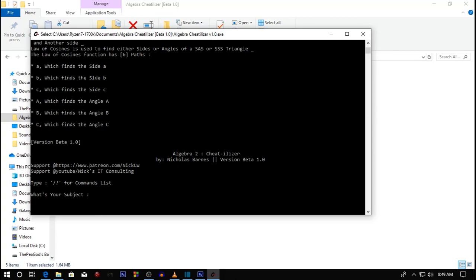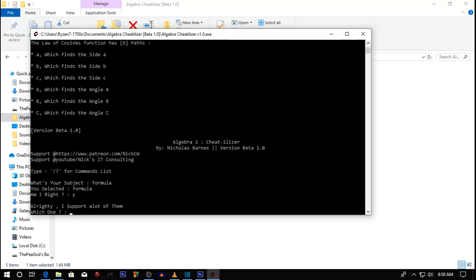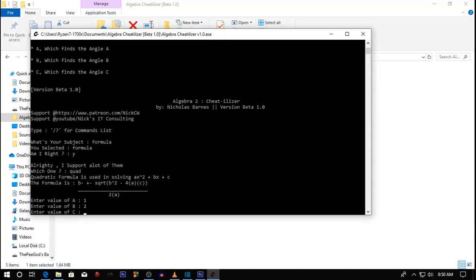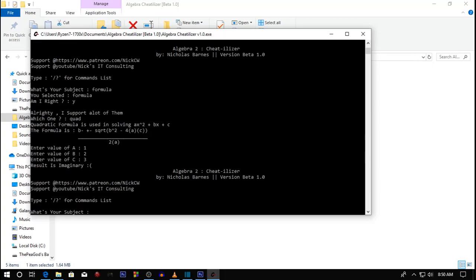So far it supports quadratic formulas, a lot of formulas, and some coursework stuff including trigonometry and system of inequalities and stuff, matrices, etc. With a total of 25 separate and unique functions in update beta version 1.0, which is super useful. It's more than I actually had to complete that entire Keystone math course. Well, I didn't complete the entirety of it because, as you saw.